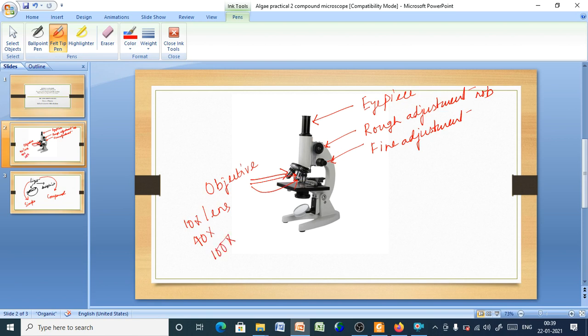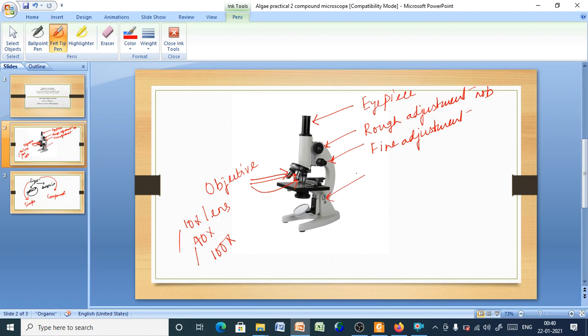If they're providing you 3, usually we use this 10x and 40x. To observe with the 100x objective, we have to use some specialized oil which increases the refractive index. Otherwise, for 10x and 40 or 45x, oil is not necessary.